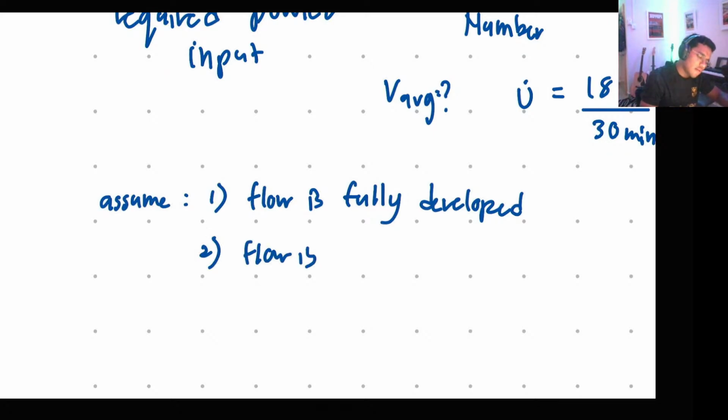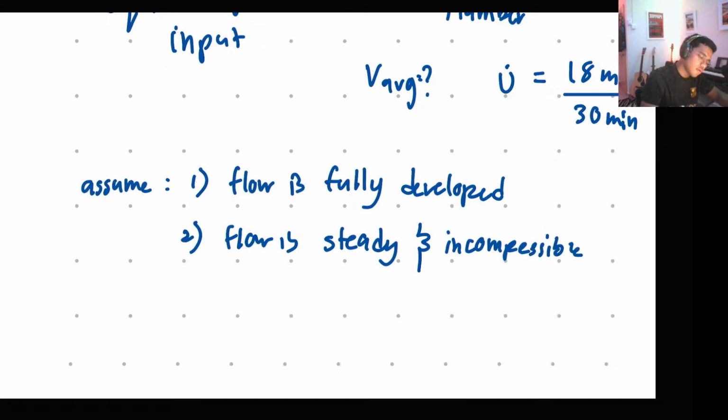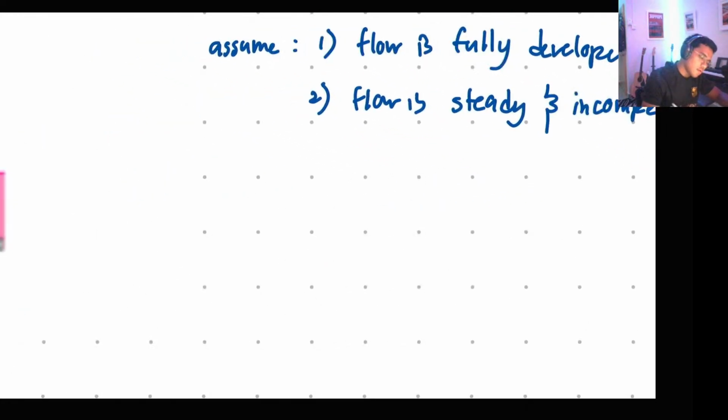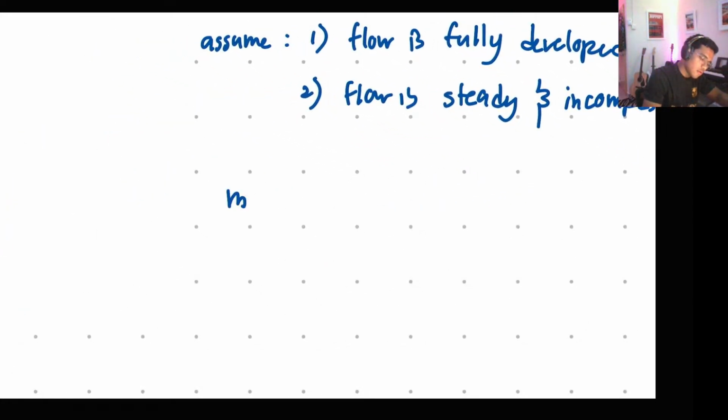Flow is incompressible and steady. So mass flow in equals mass flow out because there is only one pathway.